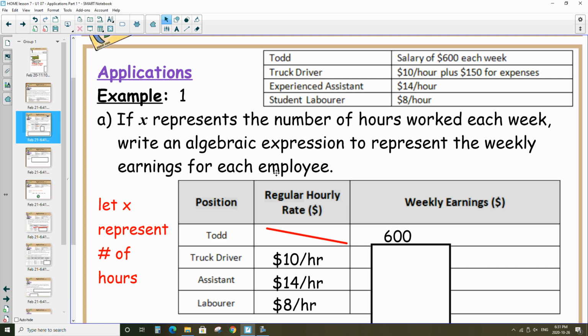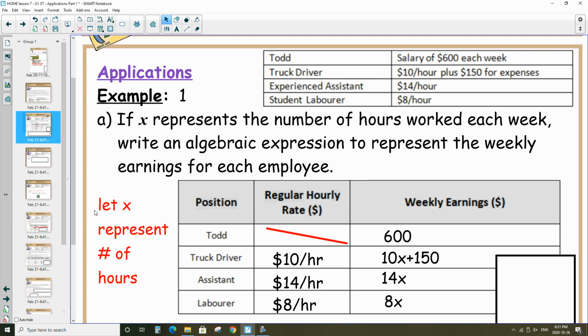So the X is the number of hours, so it's 10 times X, plus 150. If he works 1 hour, it would be 10 times 1 plus 150, for $160. The assistant will be very similar. The assistant works $14 an hour, but they don't have any extra money for expenses. So it would just be 14 times X, and the student laborer will get paid $8 an hour, so that is 8 times X.